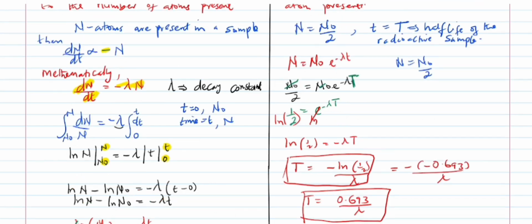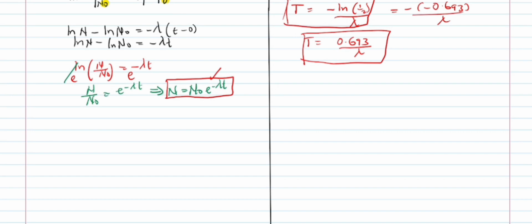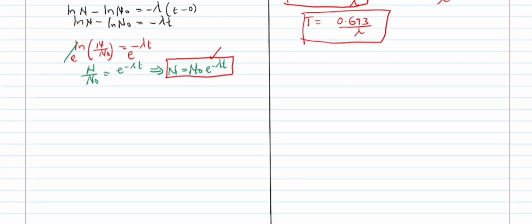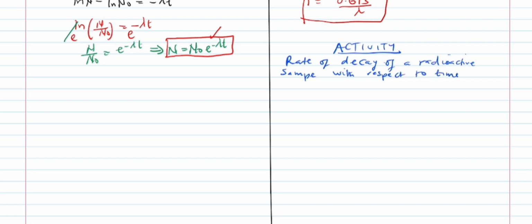Now, to find the activity, the activity is the rate of decay of a radioactive sample with respect to time.